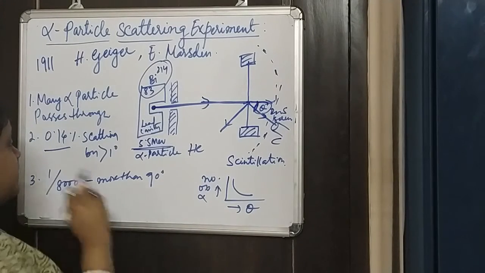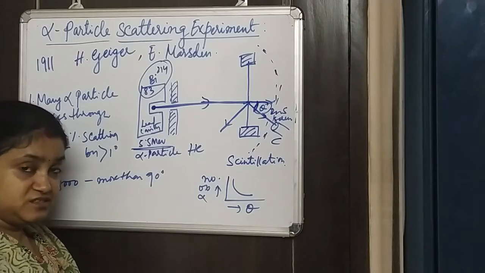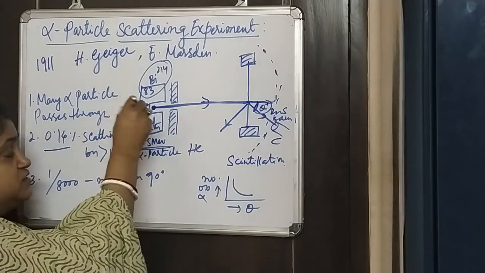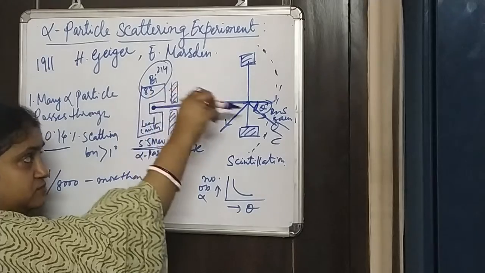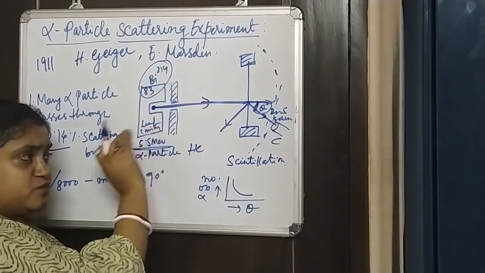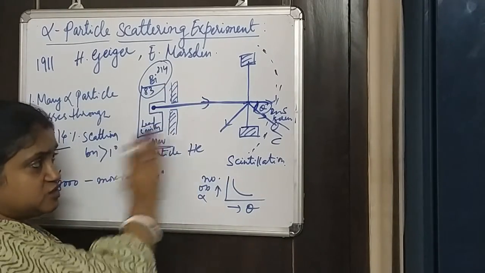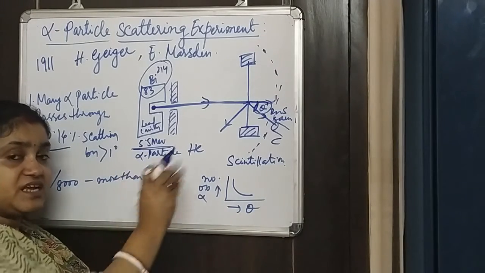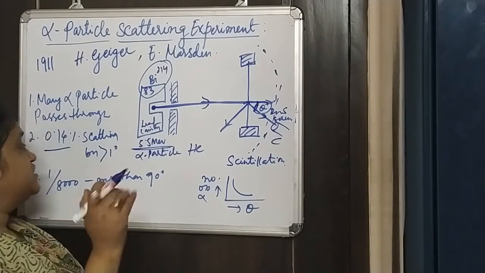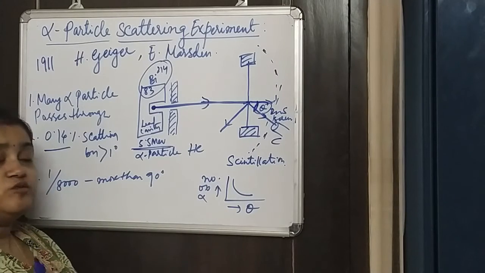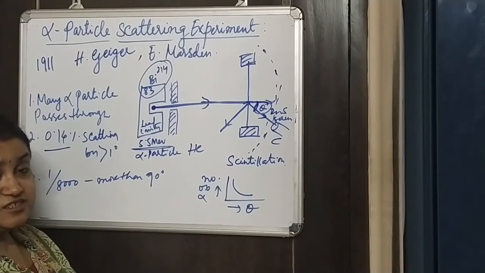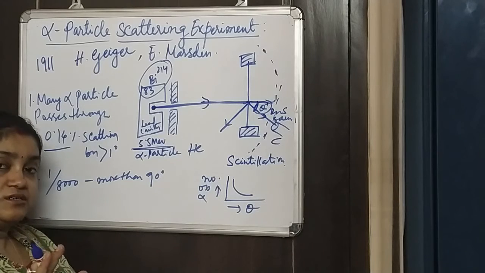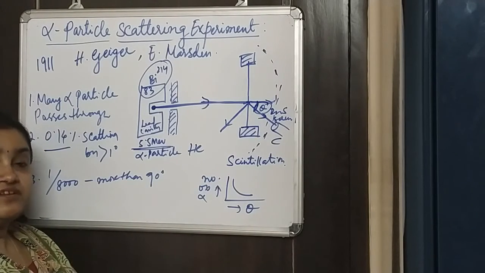Only 0.14% of the total were scattered by more than 1 degree.